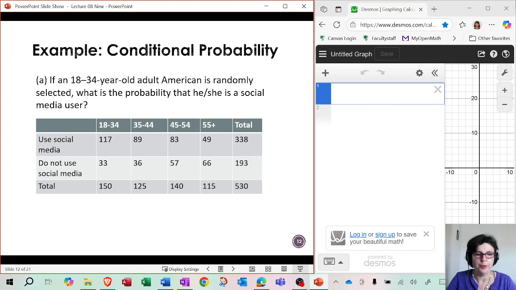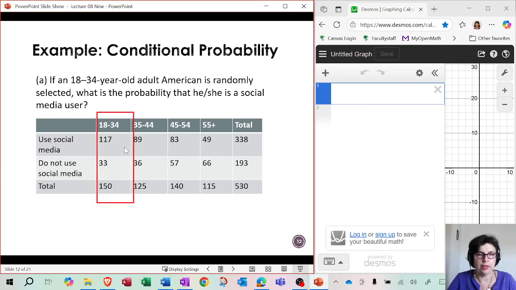For example, I can say, what's the probability that he or she is a social media user, given that the person is 18 to 34-year-old? The answer will be the same no matter where that given part is. And you always have to divide by the total in the condition. What's the condition? 18 to 34-year-old, because that's the if part.